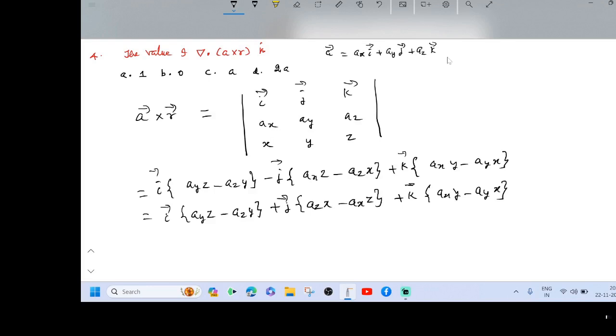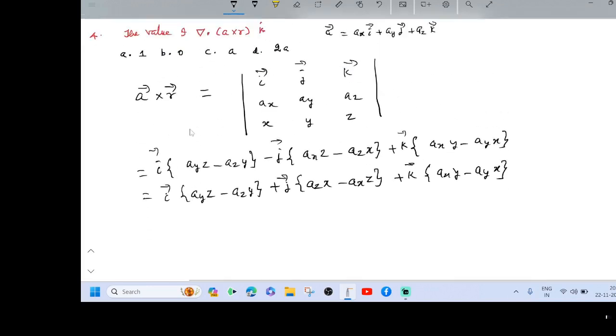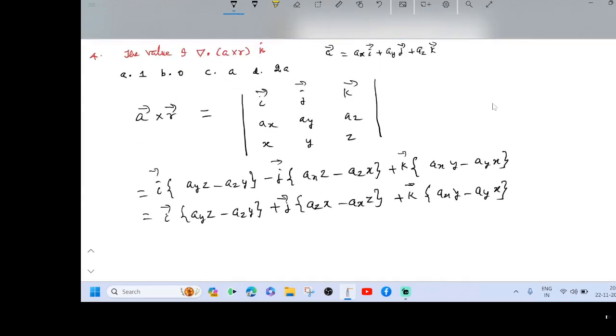Now we have to find out del dot (A cross R).